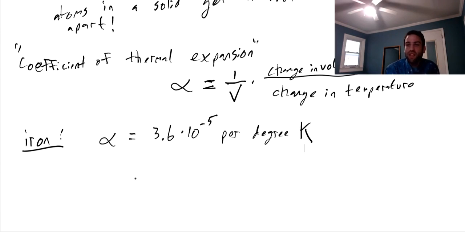What this means is that for every degree Kelvin you heat up a chunk of iron, and 1 degree Kelvin is the same as 1 degree Celsius change, which is the same as 1.8 degree Fahrenheit change, the iron will grow by this fraction.